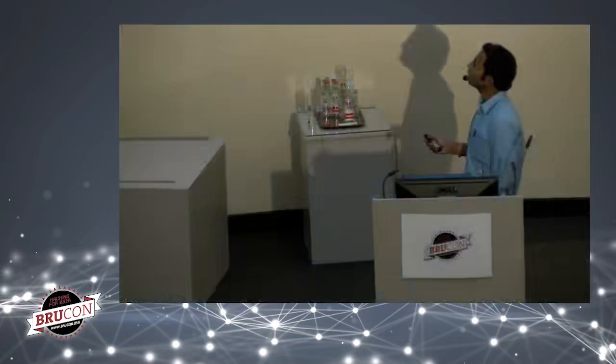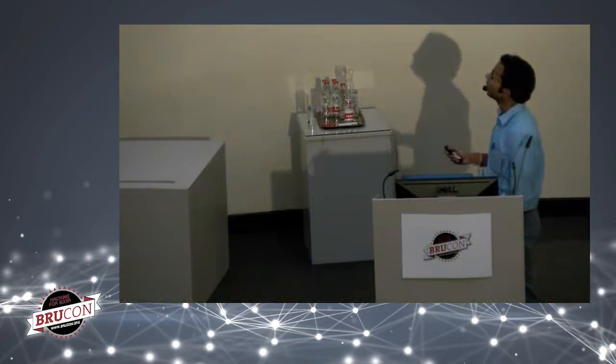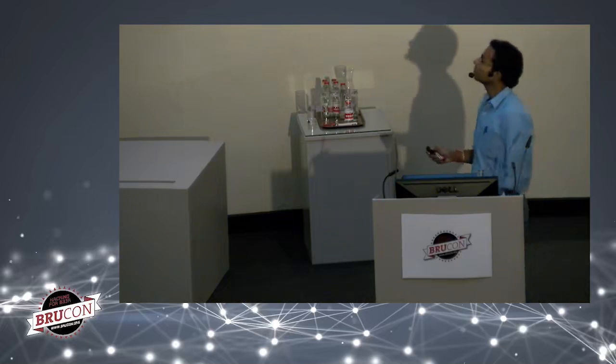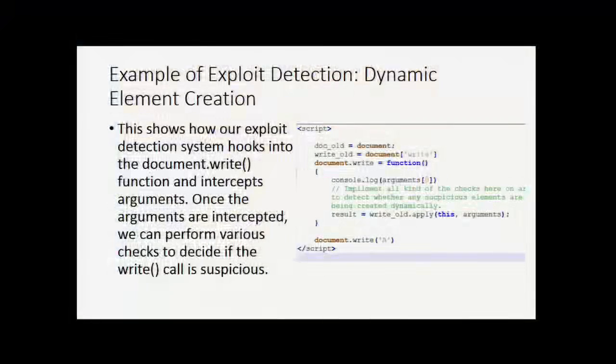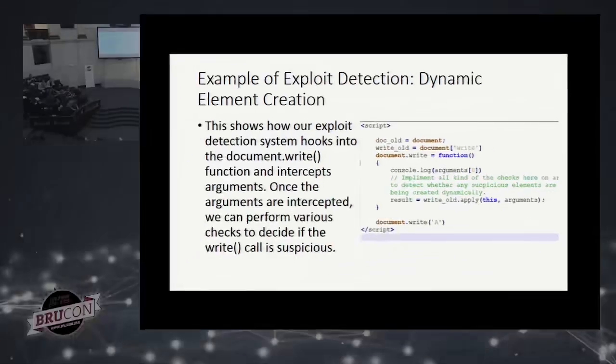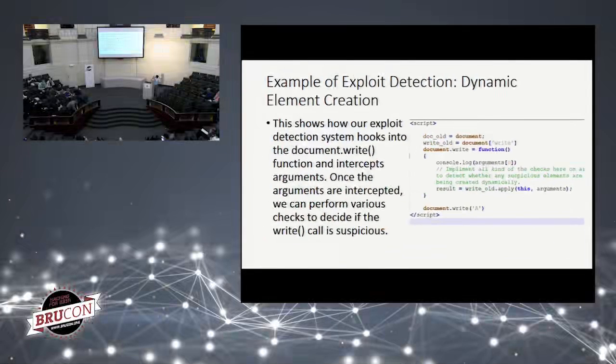So here is an example of how we can hook the document.write function. We are doing almost the same thing. We want to hook the write function. So document_old is saving the old instance of the document object, and write_old is saving the old write function.